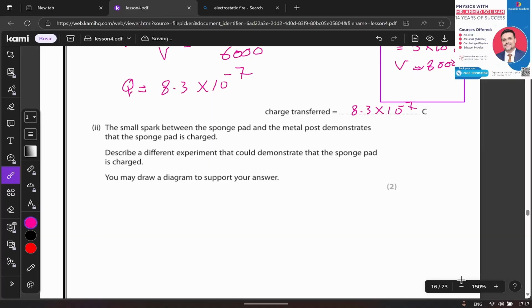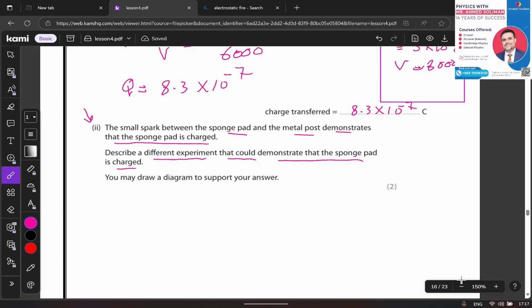Okay, now it's your turn, Bara. The small spark between the sponge pad and the metal post demonstrates that the sponge pad is charged. Describe a different experiment that could demonstrate that the sponge pad is charged. You may draw a diagram to support your answer. So what do you think? How can we demonstrate if the pad is charged or not?